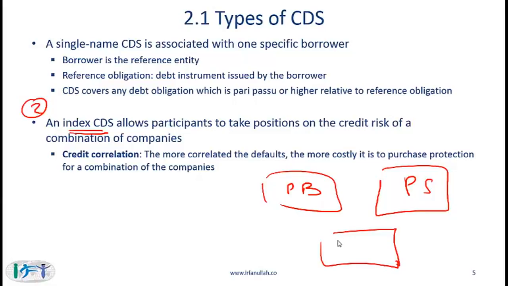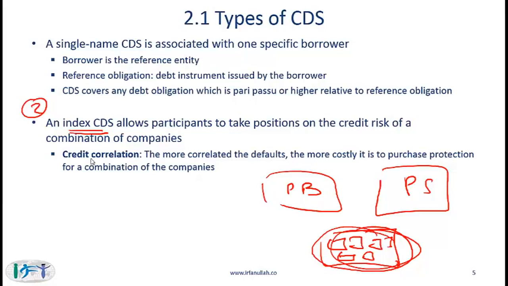We are going to have several borrowers, a combination of companies, and therefore, the protection buyer is buying protection. So in this case, the protection buyer is taking a position on the credit risk of a combination of companies. You can think of this as some sort of a portfolio.